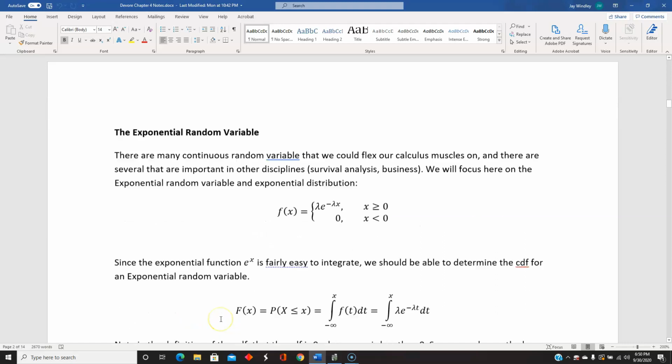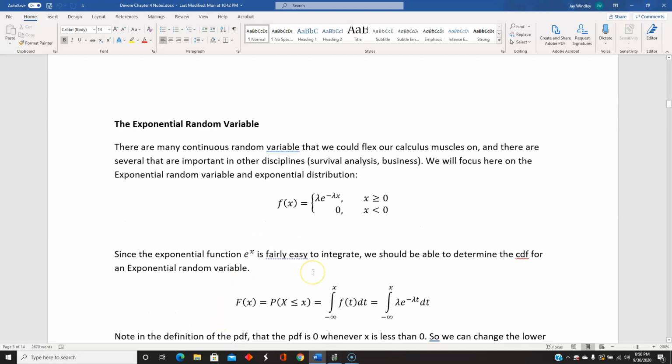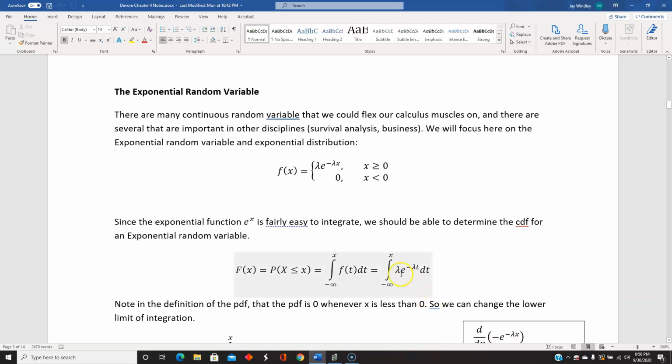Since the function e to the x is fairly easy to integrate, it's easy to find the CDF. Remember, the CDF of x is just the integral from negative infinity to x of the PDF. So in this case, the integral from negative infinity to x of lambda e to the negative lambda t. By the way, some books have that parameter lambda as an a, and some have it as a b, and so on. Also note that our PDF is 0 for negative values of x.